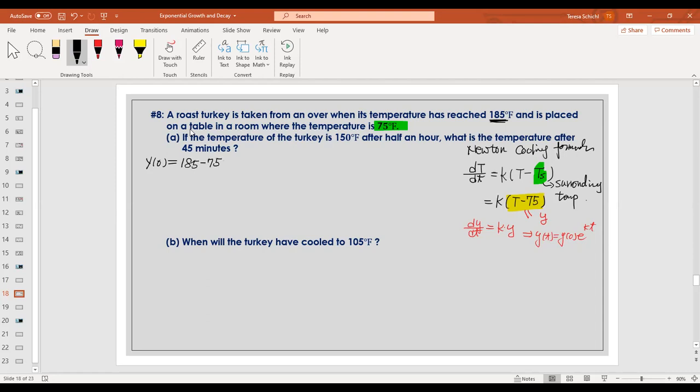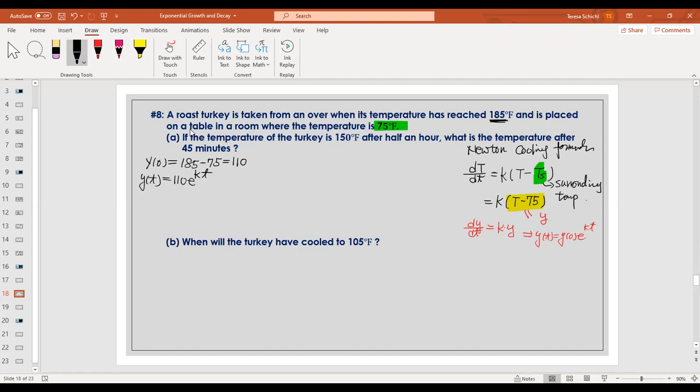This is my y0, so what is this? This is 110. Then I can apply the formula and say y(t) will be equal to 110 e^(kt), correct?